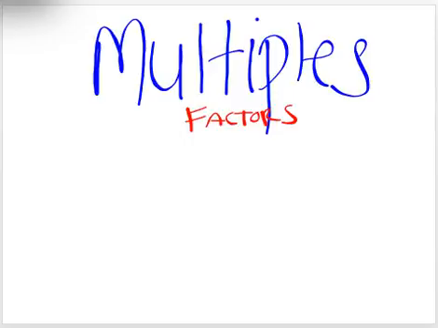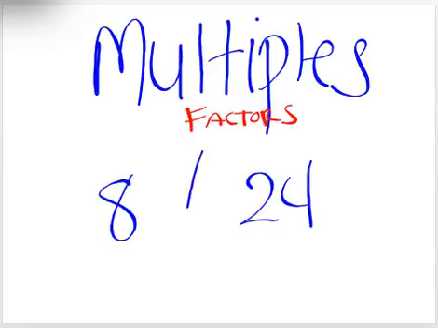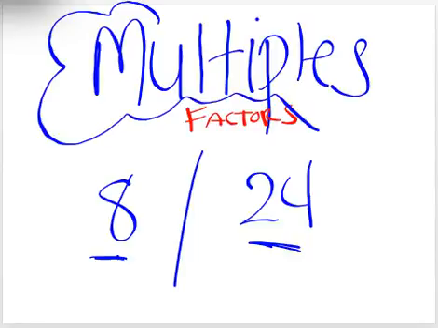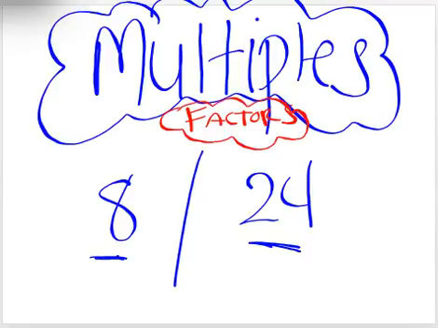So, for example, if I'm looking at these two numbers here, 8 and 24, I would say that 8 is a factor of 24, but 24 is a multiple of 8. So oftentimes, multiple has the word multiply hiding in it on purpose because these numbers get bigger, and factors have to do with the smaller numbers that can be multiplied together to arrive at those bigger numbers.